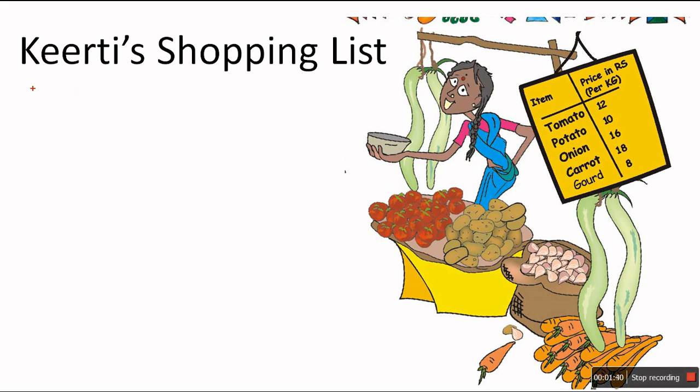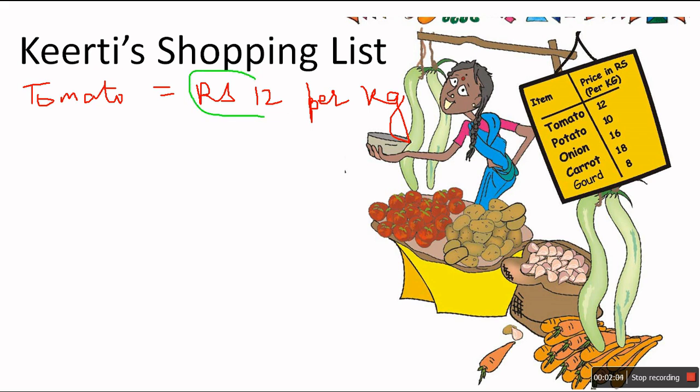Tomato is rupees 12 per kg. It means we have to pay rupees 12 in order to buy 1 kg tomato.